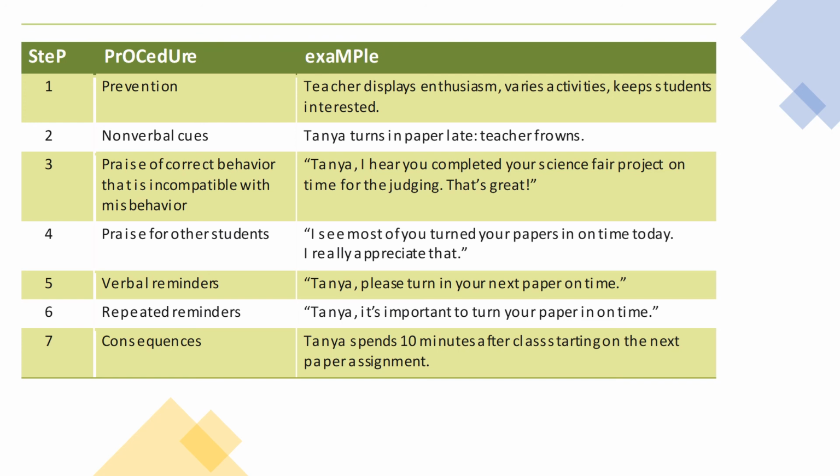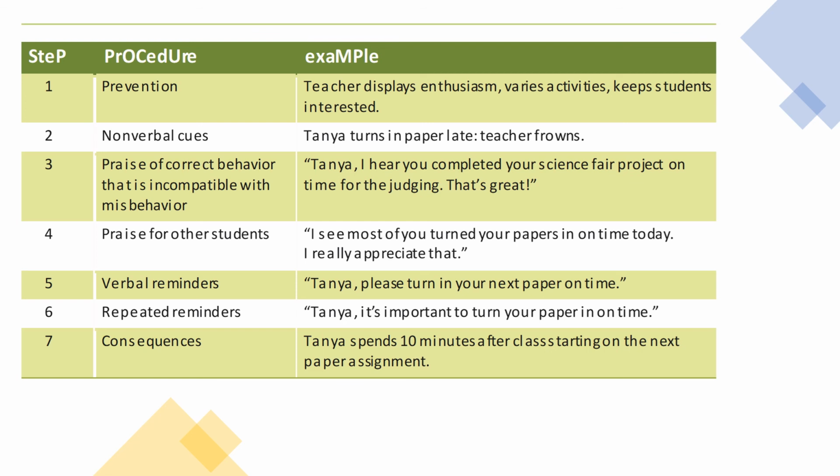Here is a table that gives 7 levels of consequences for breaking a rule. First of all is prevention. We've discussed that you can display enthusiasm, vary the activities, have engaging lessons, keeping students interested. So that's level 1 for dealing with misbehavior.